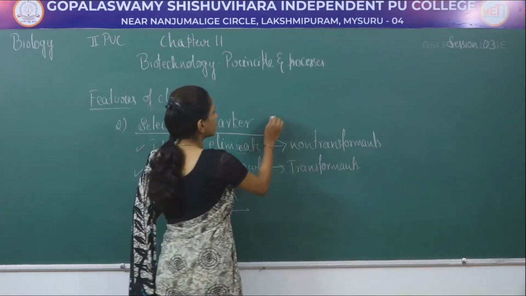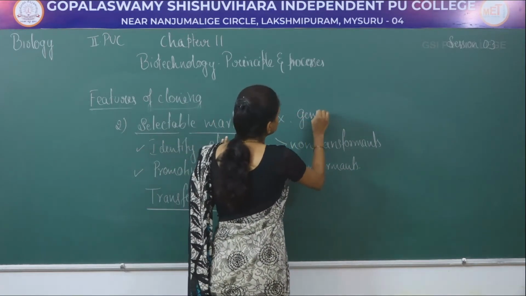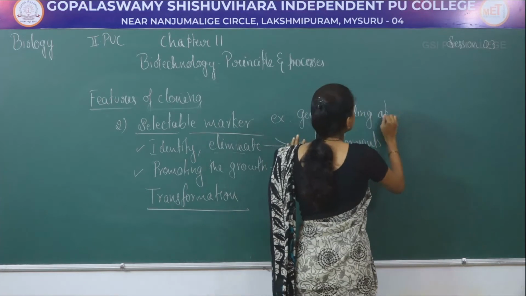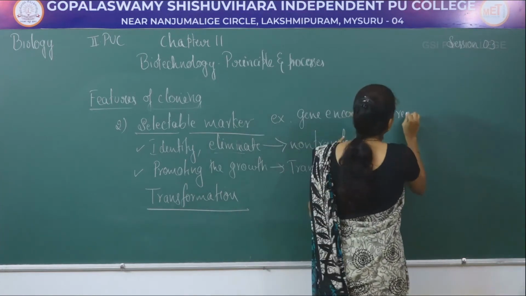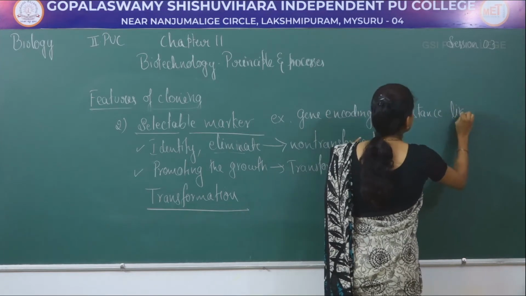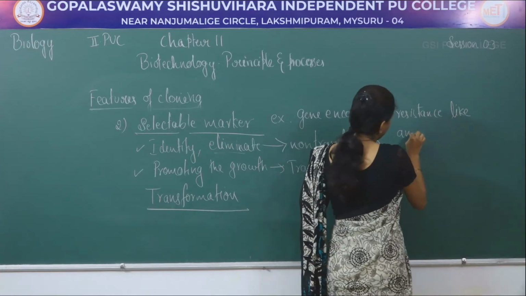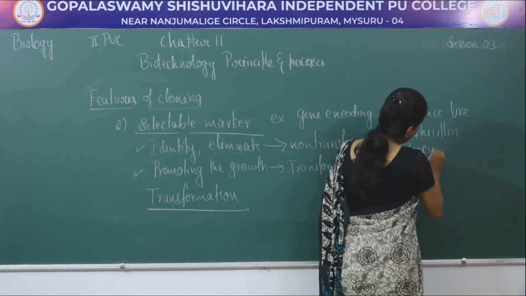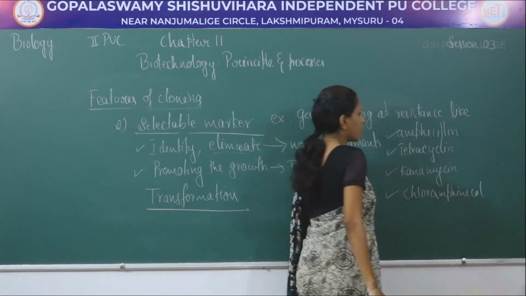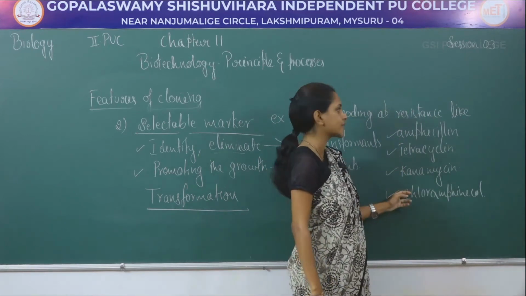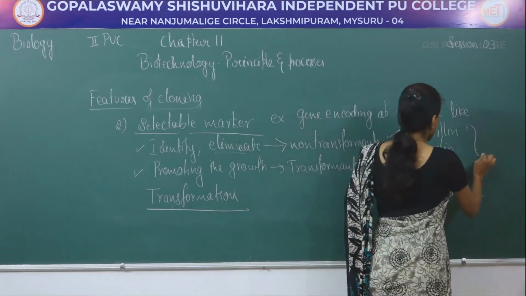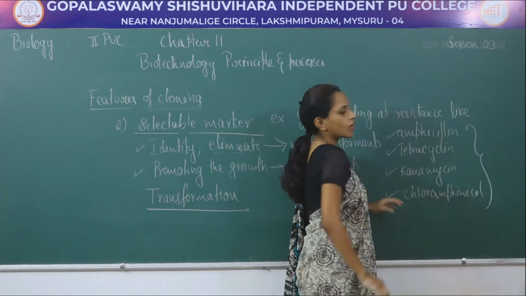Examples of this are genes encoding antibiotic resistance like ampicillin, tetracycline, kanamycin, chloramphenicol. These are the different genes encoding for antibiotic resistance.